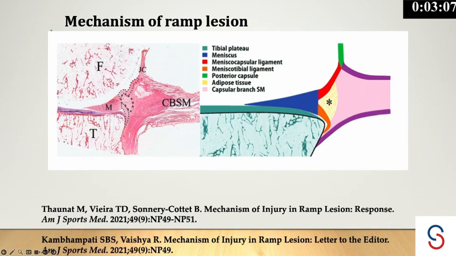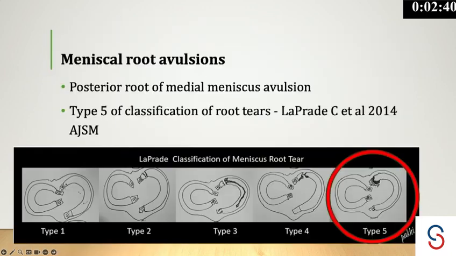The response is that it is still unclear what the exact mechanism of ramp injuries is. There are multiple theories discussed in this letter to the editor in AJSM, and I would recommend the esteemed speakers, delegates and viewers to read this response for a better understanding. They point basically towards the active contraction of the semimembranosus and its resultant forces as a prime factor.